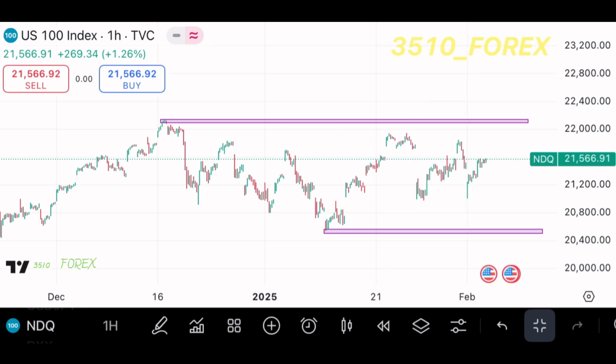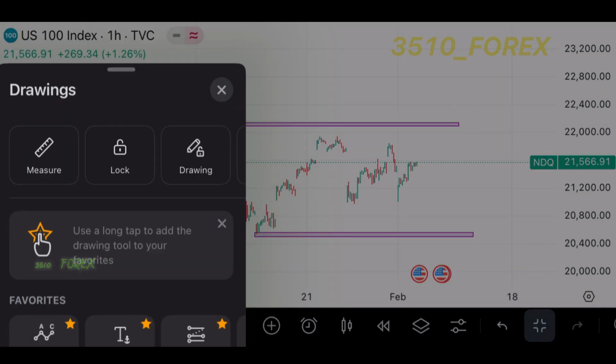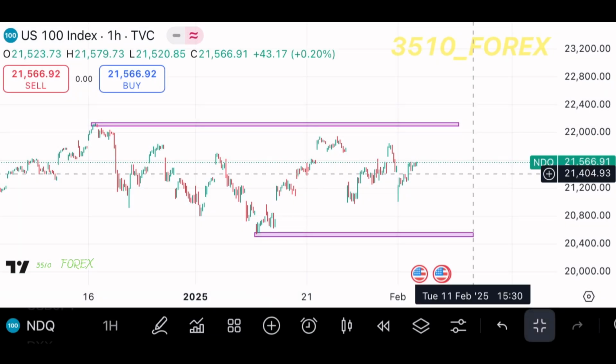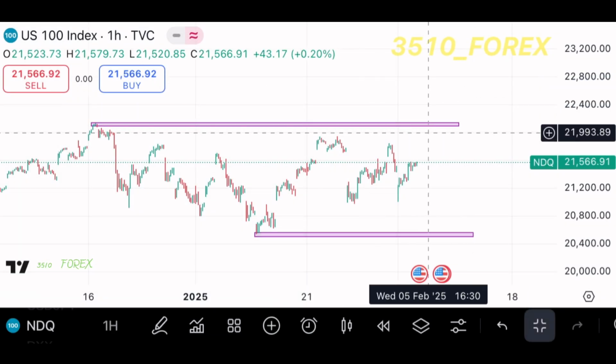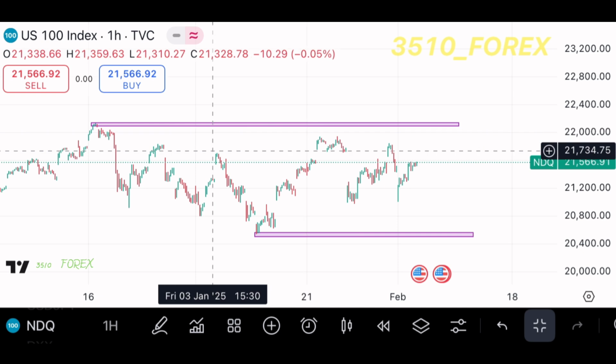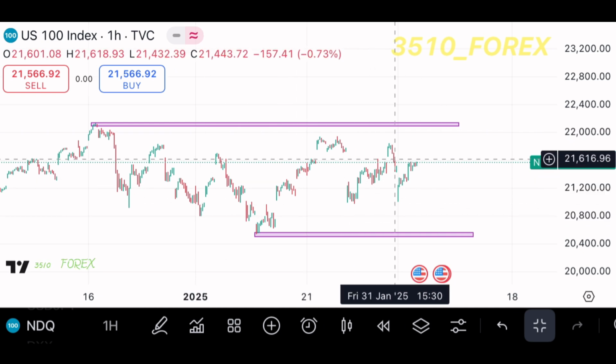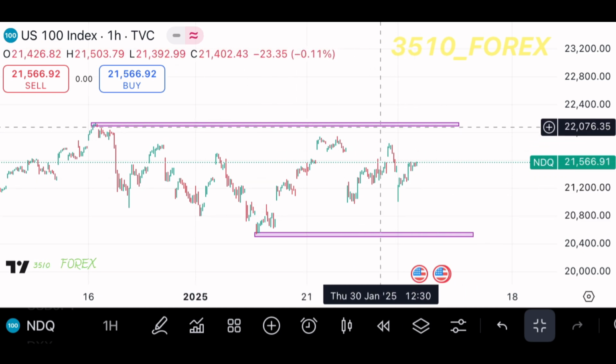Once you have your resistance and then your support, then you are covered for now. The next thing for you to do is to measure the distance between the resistance and the support.